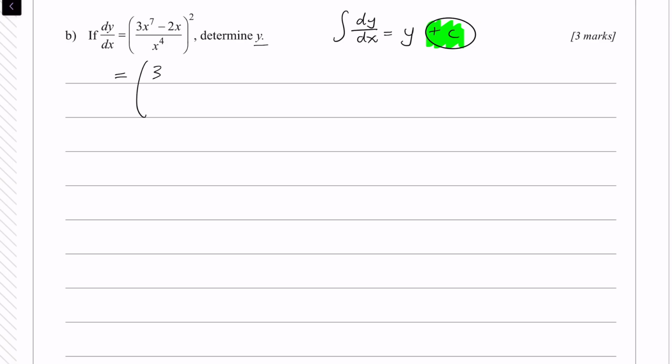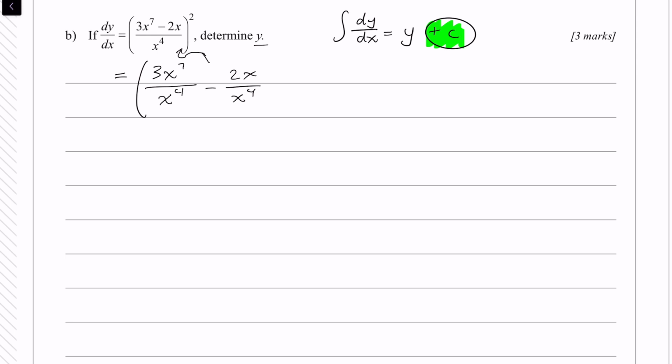So I'll explain to you what that looks like. So we have 3x to the power of 7, that's one thing on its own, divided by x to the power of 4, minus the 2x over x to the power of 4. So those are two separate things, but it's still the same equivalent thing as what's inside the bracket, okay?